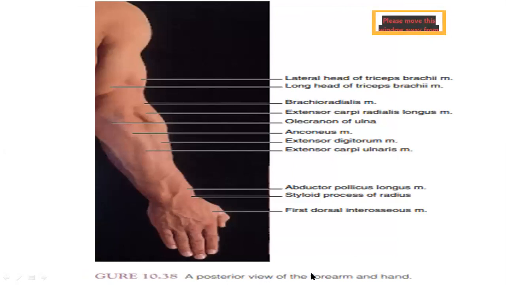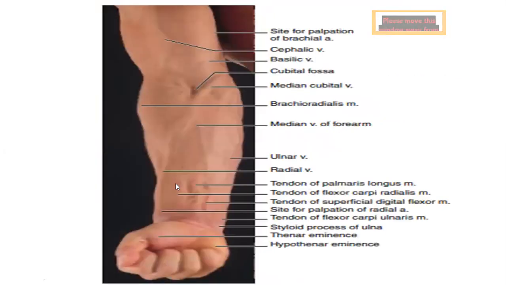So this is the posterior view of forearm and hand. In the posterior view of forearm, again you are able to see the triceps muscle. We have brachioradialis, extensor carpi radialis longus, then olecranon process of ulna, anconeus muscle and all extensor compartment muscles.